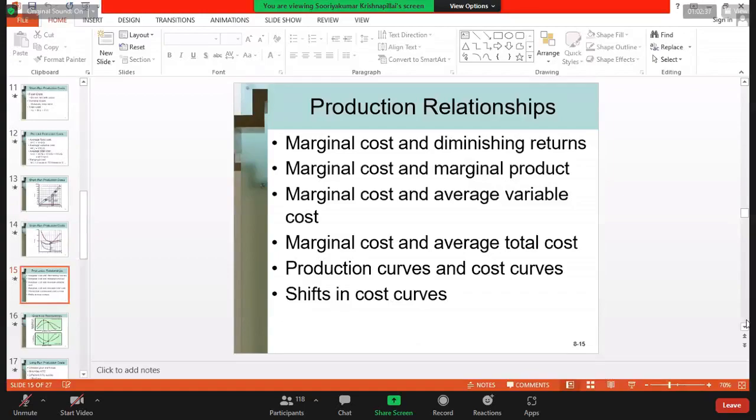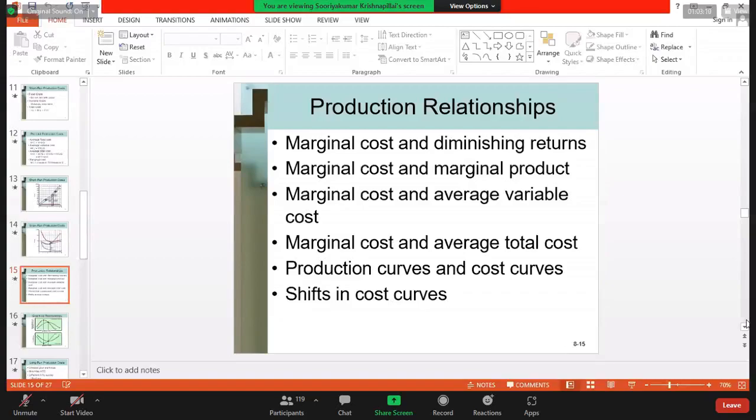So each labor will produce more because of new technology. If technology changes, the production curve also changes. But in the earlier case, when the input price changed, the production curve did not change, because that is only a technical relationship of production. If the technology changes, the production curve also shifts.